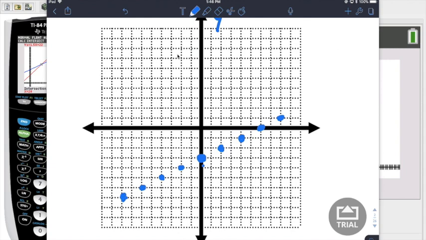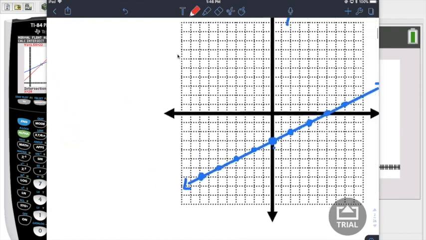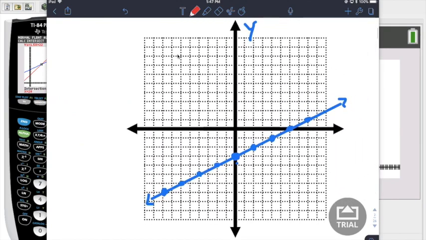And then since we don't really know where they're going to intersect, I'm going to do quite a few points. Okay, now in red, we have the 5/2 x plus 5. That means it starts at 5 on our y-axis. And it was up 5 and right 2. So that means we can also go down and left.